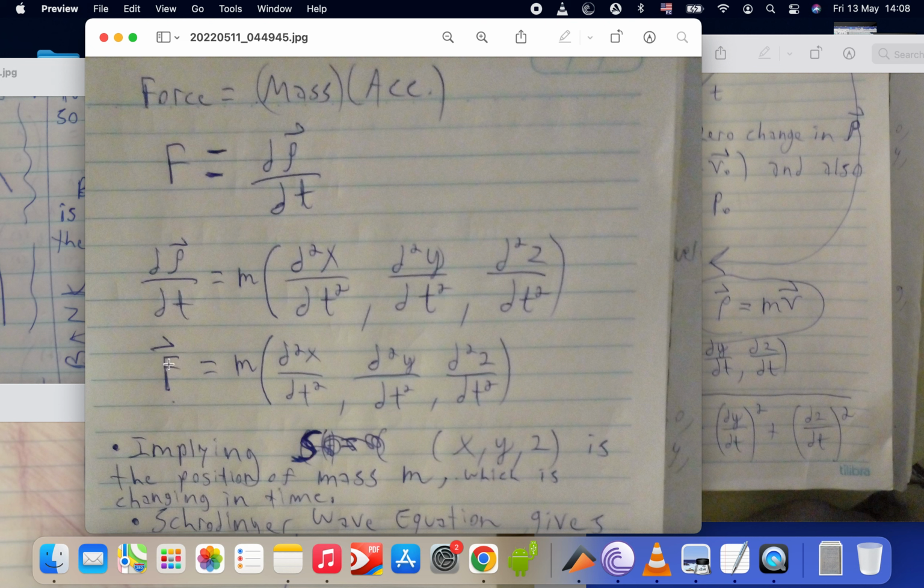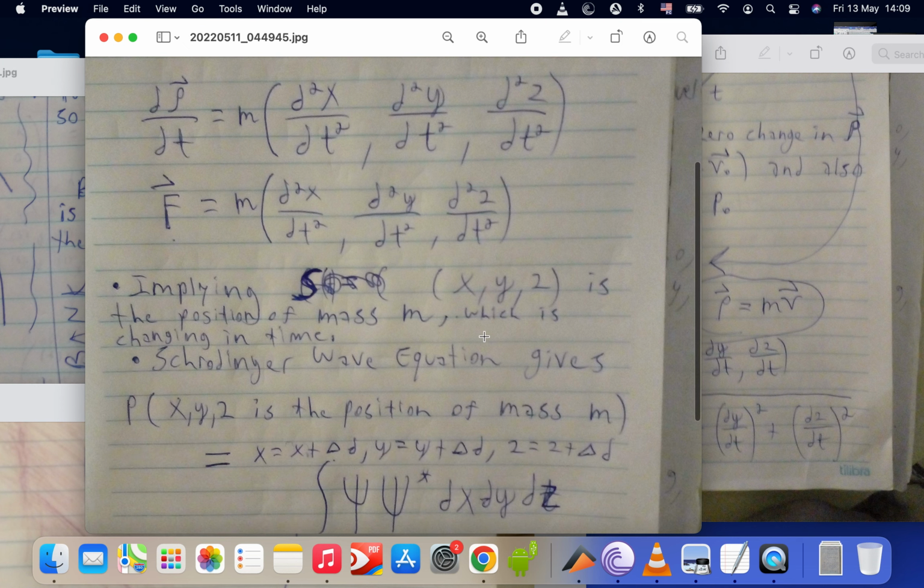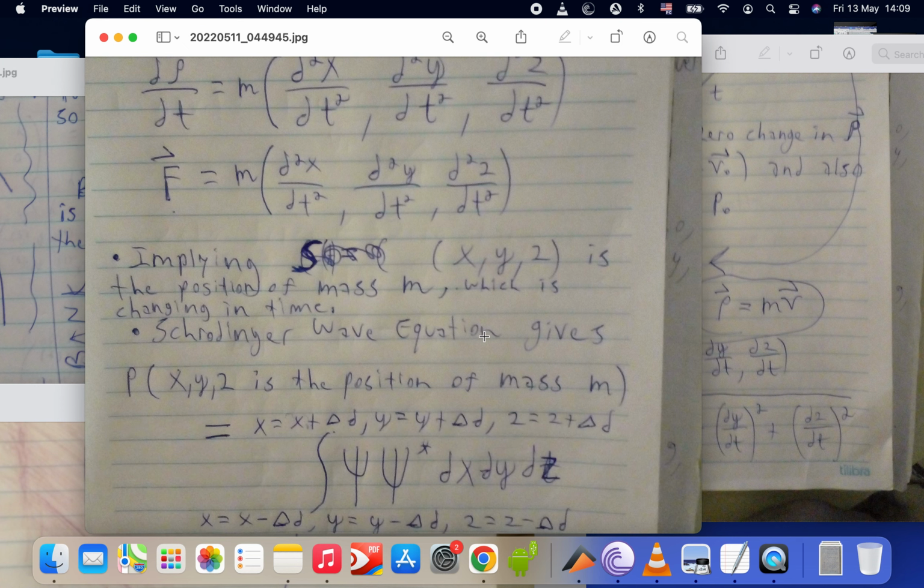And so now I put an arrow on top of F to realize that we're in a vector world now, where force is a vector, and it equals the mass, which again, it's the law of conservation of mass. It somehow has an independent existence, times this vector, which is the acceleration vector.